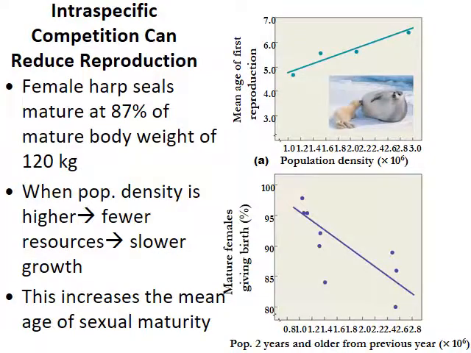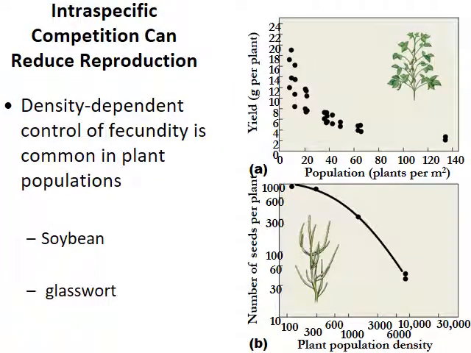In our lower graph, we can also see that the percentage of mature females giving birth also decreases with increasing density. So our age of sexual maturity increases, so we have fewer females giving birth at higher densities as well.